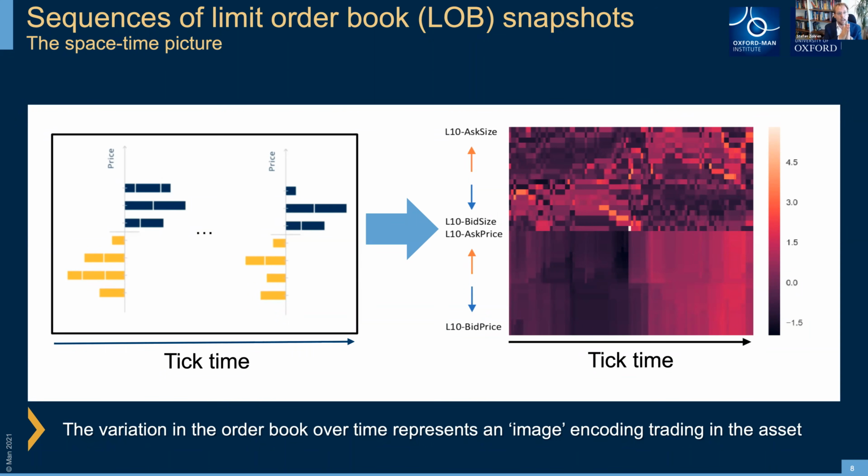So here I take 100 limit order books and I basically arrange them in this picture here. In this picture, each column is one limit order book, and I put the sizes on the top and the prices on the bottom. So the top 10 rows are all the ask sizes, and the next 10 rows are the bid sizes, and the next 10 rows are the ask prices, and then the next 10 rows are the bid prices.